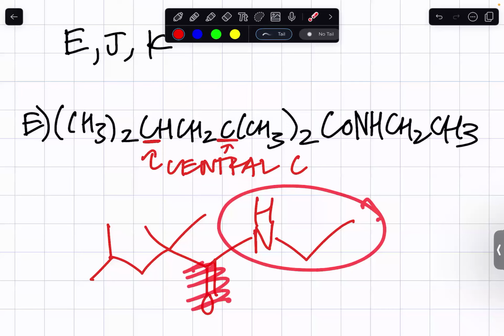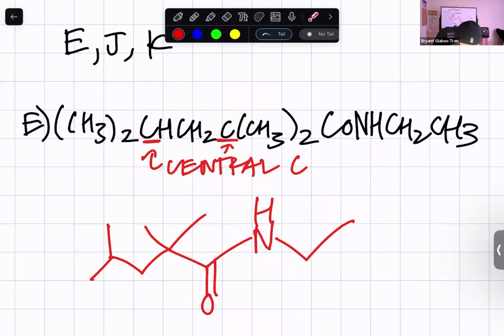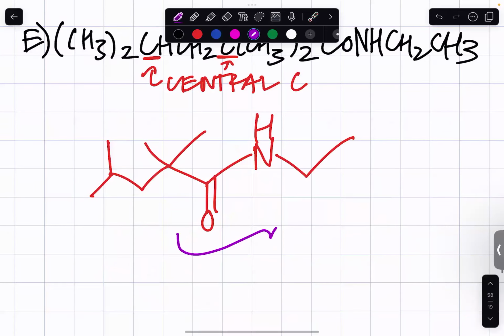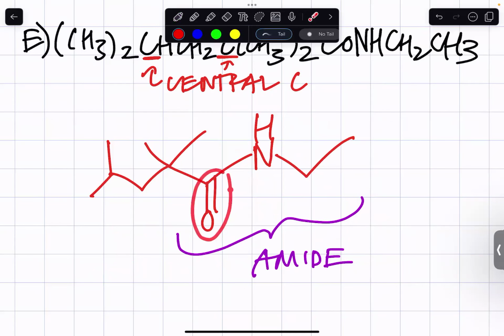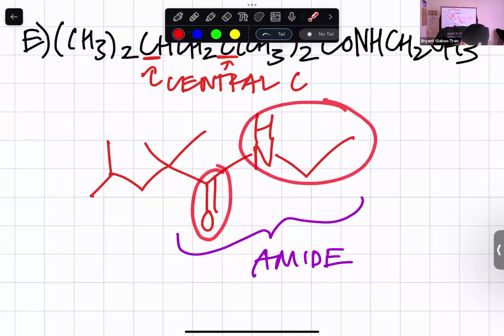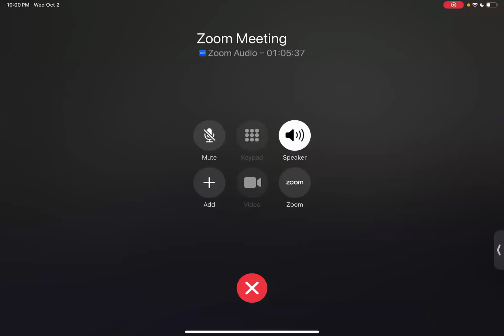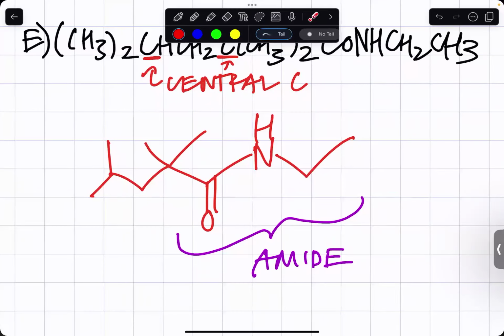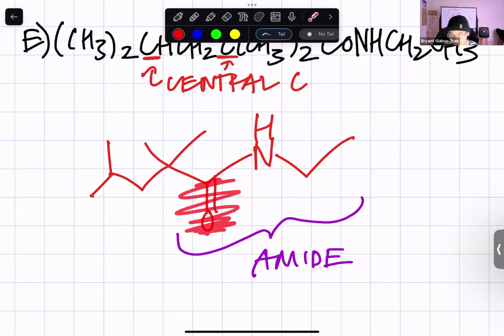Amide? Yep, the whole thing right here is an amide, because of the carbonyl. Yep, the carbonyl is next to this nitrogen, but we don't consider this an amine because the nitrogen is next to the carbonyl, making it an amide. Right. Nice, nice. But if the carbonyl was not there, then we would have an amine.